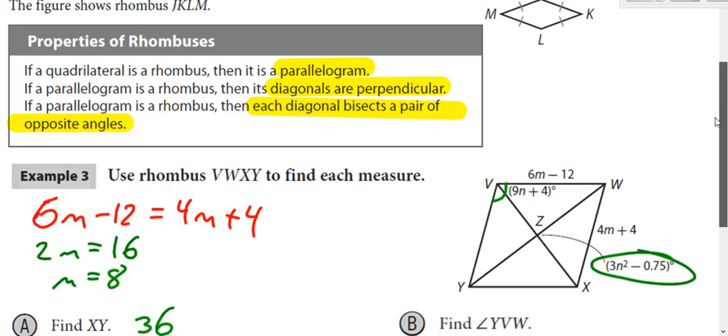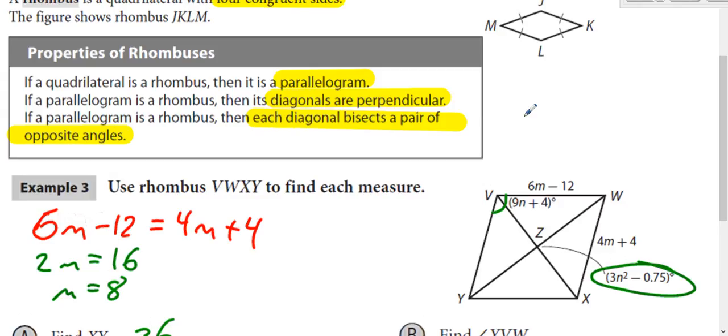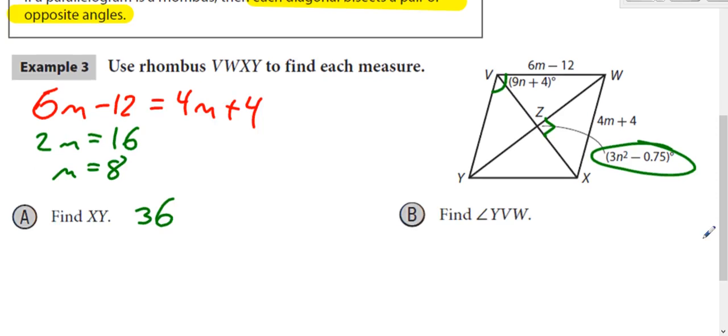The diagonals are perpendicular. So that means that that right there is a 90-degree angle. So 3n squared minus 0.75 equals 90 degrees. Because the diagonals are perpendicular.